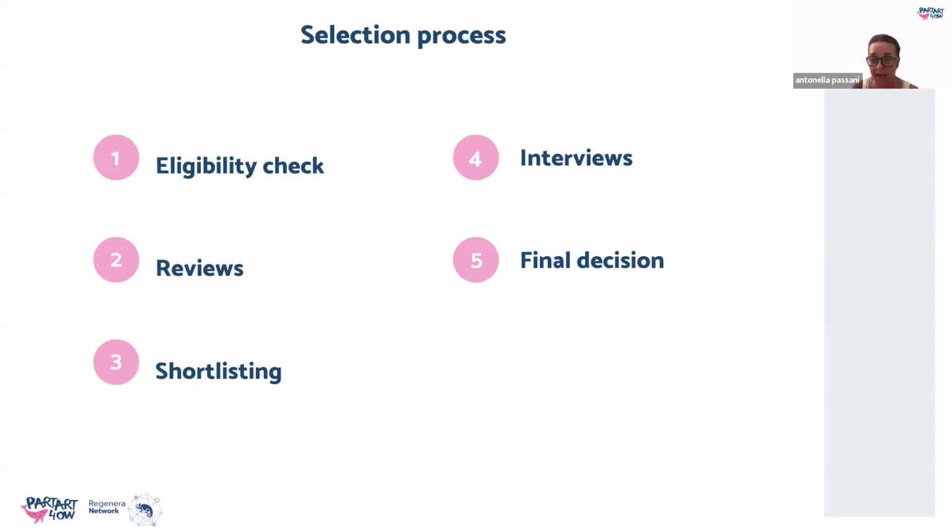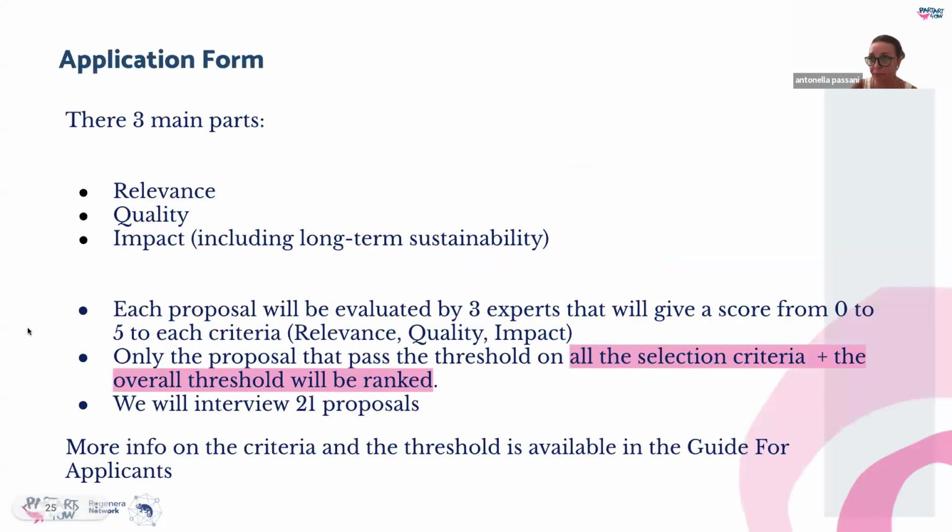Then we will rank the projects and create a short list of projects that will be interviewed. In the interview, you will have 5 minutes to pitch your project, and then we will ask questions in order to go deeper in understanding your proposal, and then the Part Art team will make the final decision.